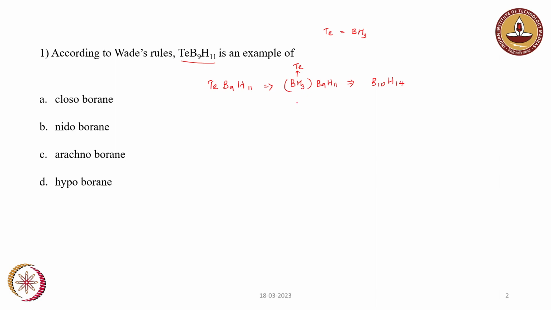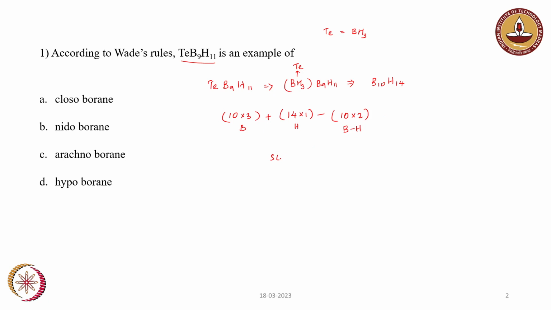So when we apply Wade's rule here, we can calculate the total number of valence electrons, that is 10 into 3, which is the electrons from boron, plus 14 into 1, that is 14 hydrogens are present, each hydrogen provides 1 electron, then minus 10 into 2, which corresponds to each BH unit.